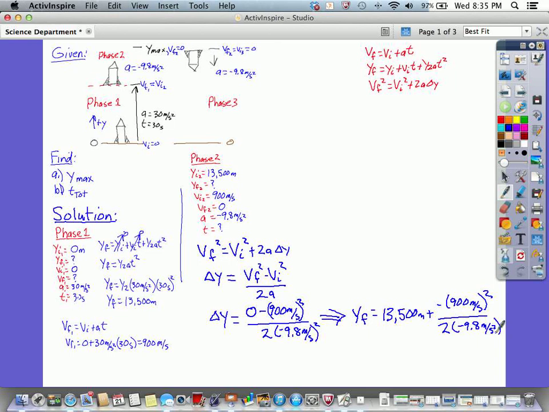And when we do that, we're going to get y final equals 54,800 meters. So there we go, 54,800 meters finally.